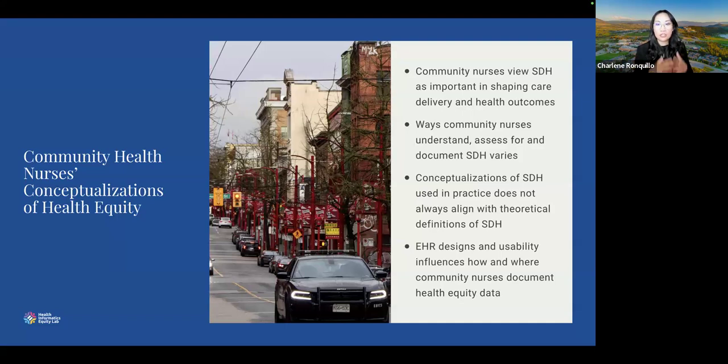And the nurses who said they valued assessments of social determinants told us that, because there was no clear place in the electronic health record to record this, they put it in the text notes and narrative notes because there's nowhere else to put it. But then the problem is that it just goes there to die and nobody looks at it again, besides maybe the next clinician if they were specifically looking for that.